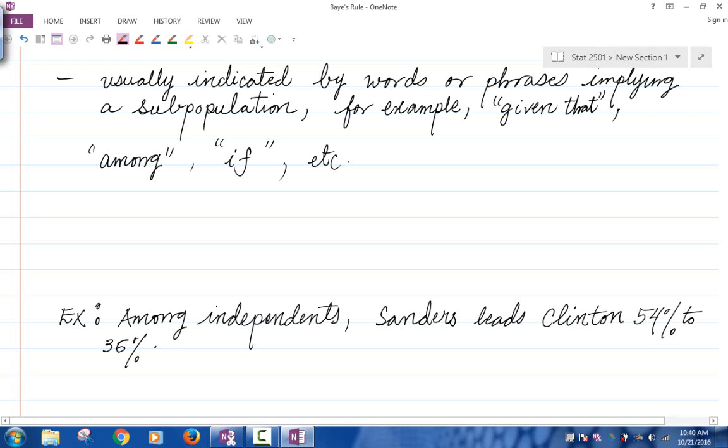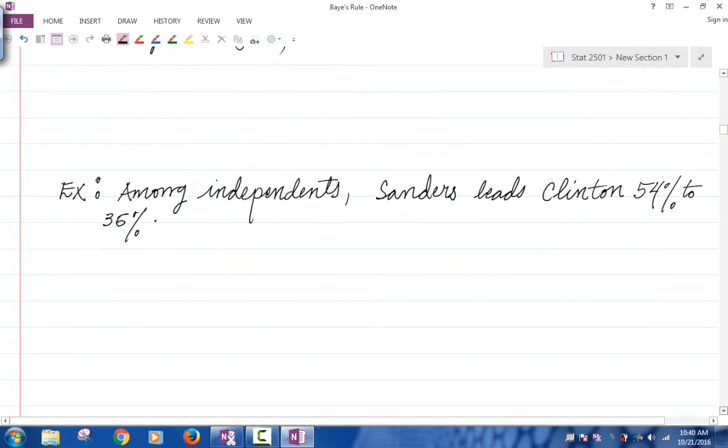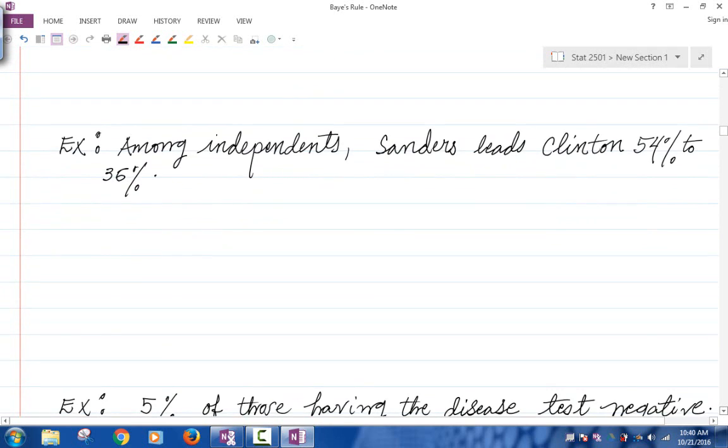Notice that we have the word "among," right? So among independents, that indicates a subpopulation. We are looking at, among independents, the subpopulation of the supporters of Bernie Sanders. That's an indication of a subpopulation.